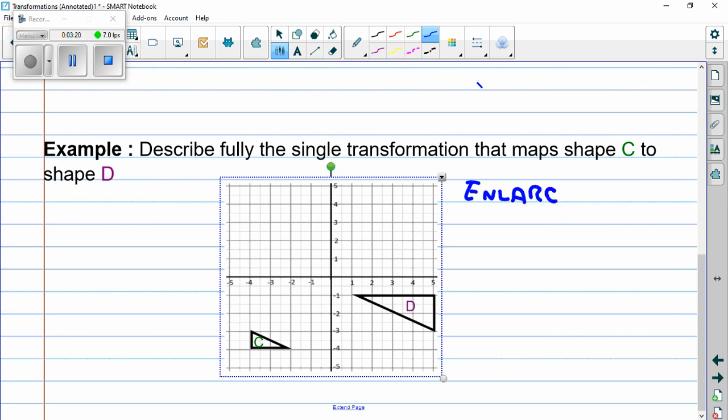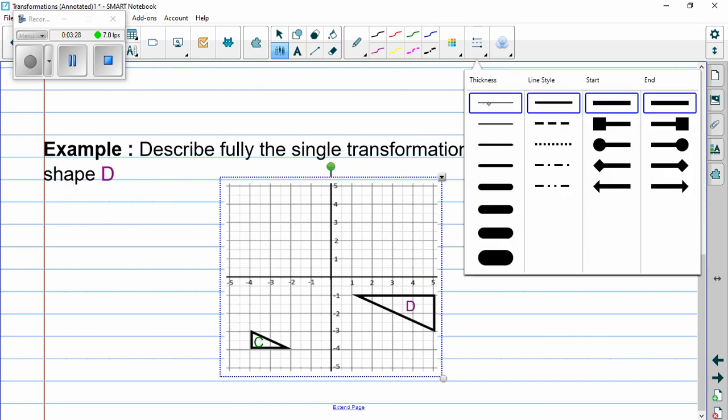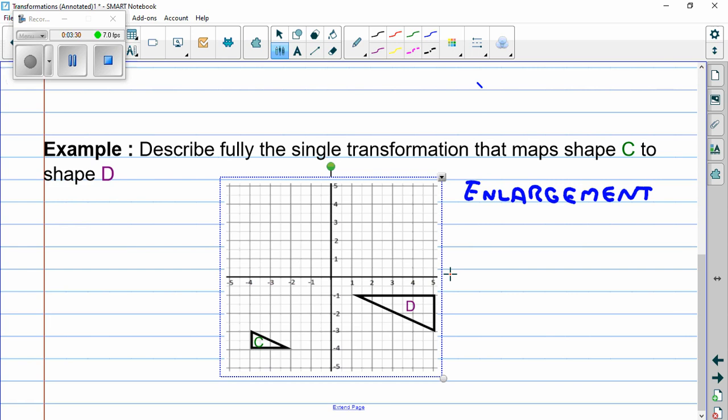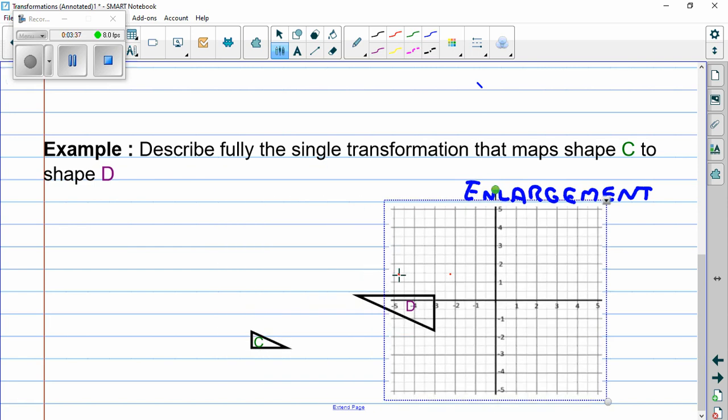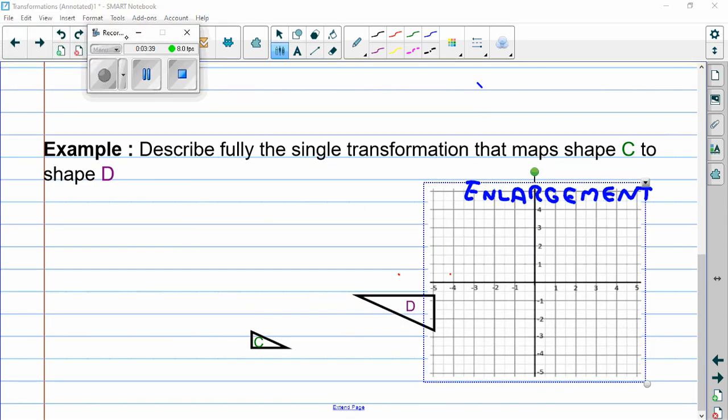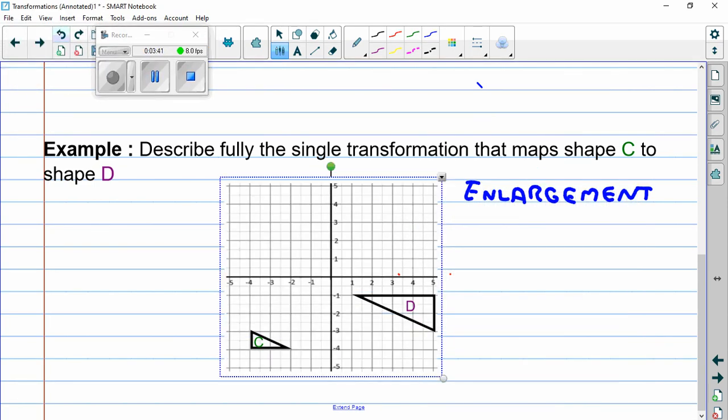So we have an enlargement, right? We know that. Easy 1 mark. Now let's look at some of our sides. Let's look at our long side, because we can tell that's 1, 2, 3, 4. Nice and easy. On our shape C, that's 2.